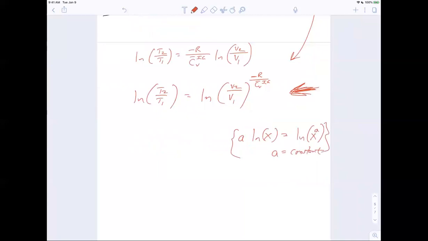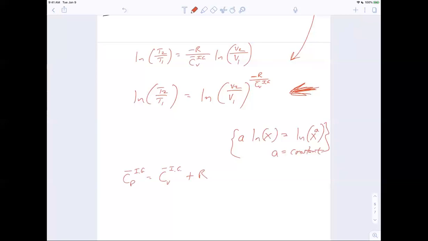So let's see what R over CV is. Remember, we said that Cp for an ideal gas is equal to CV bar of an ideal gas plus R. We just proved that a while ago.